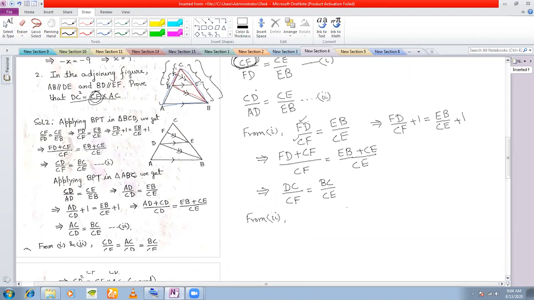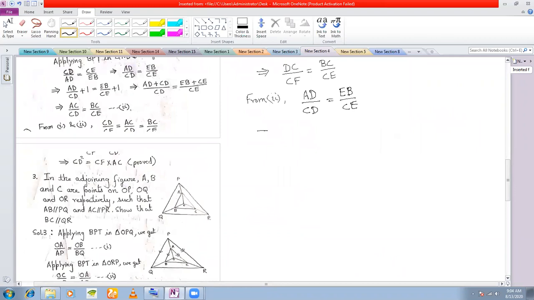Because again I will have to keep CD. That is why I take it in the denominator. AD by CD equal to EB by CE.